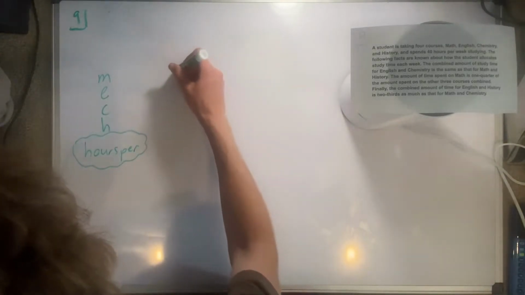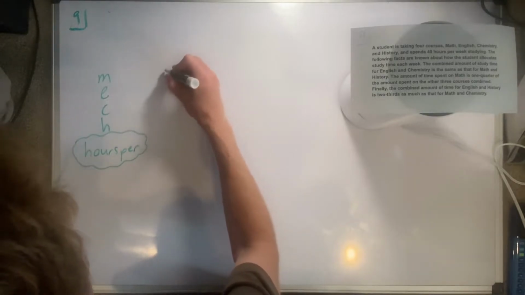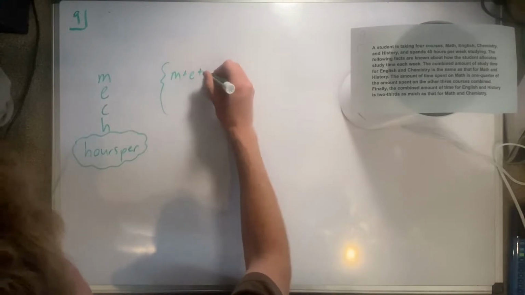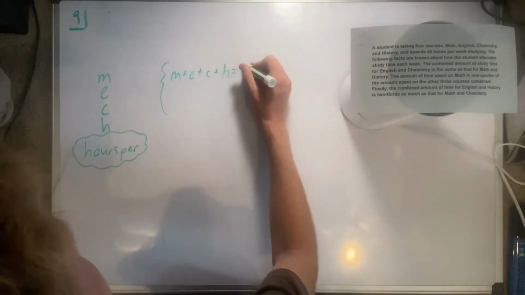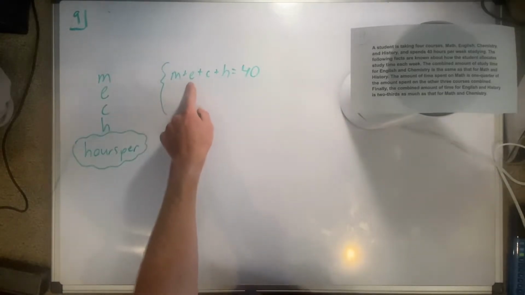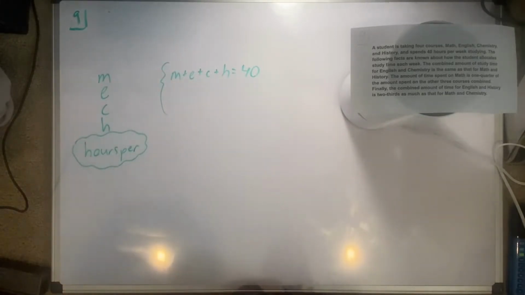So what we have now is we know that M plus E plus C plus H equals 40. So math hours plus English hours plus chem hours plus history hours equals 40 hours. And that's our first piece of the puzzle done.